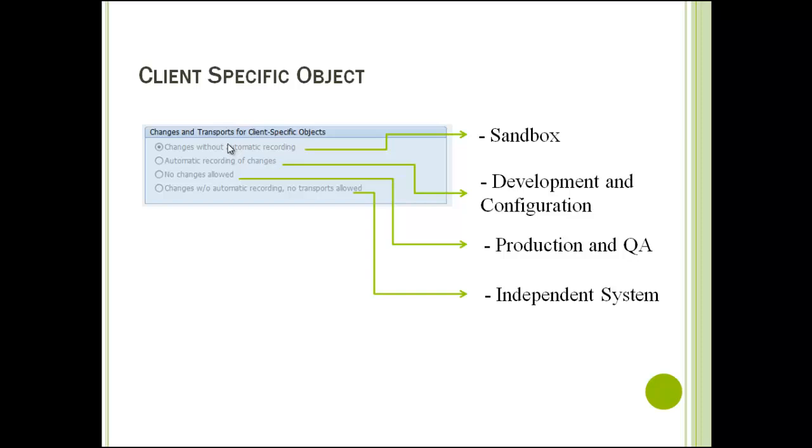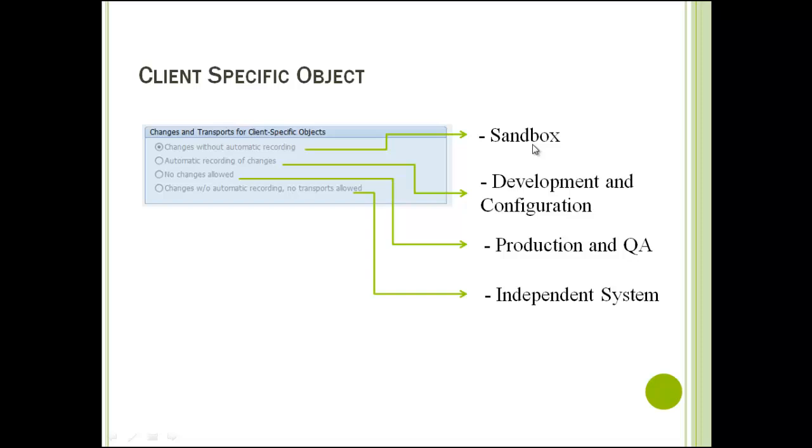Let's say we did a lot of customizing changes, then normally a TR would be created for the change. So if this is selected, it will allow the user to change, whoever has the authorization of course. However, it will not prompt the user to create a TR. They simply make the changes and save it. It will not prompt for a TR to be created for the change you have made. That means without automatic recording.